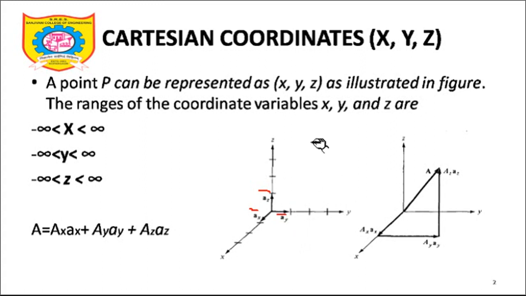If I have drawn the x, y, z axes like this, then this must be the x axis in the negative direction. Can you imagine? Let's say the x axis is a line coming towards you, and the plane of the board, or plane of the wall, or plane of the laptop where we are looking at this video. The x axis is coming towards you, and the negative x axis will be going inside the plane of paper, plane of wall or plane of your laptop.